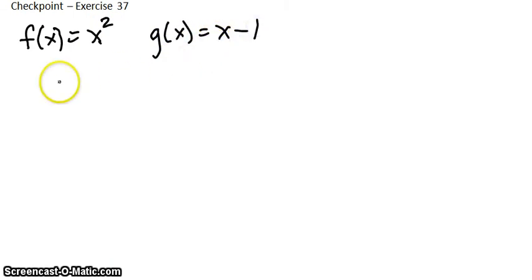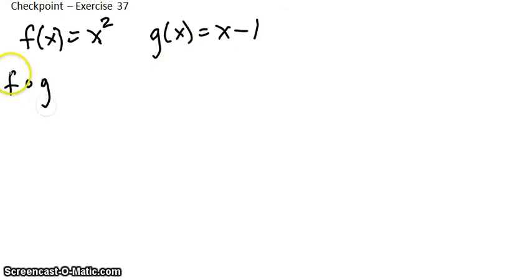Now I'm going to look at checkpoint 37. It has three problems for us. First of all, it has two functions defined, and it asks us to find three things.